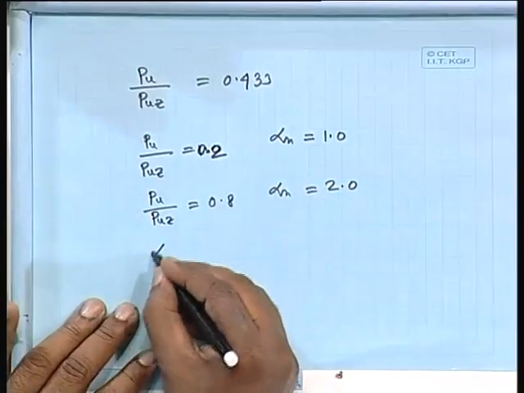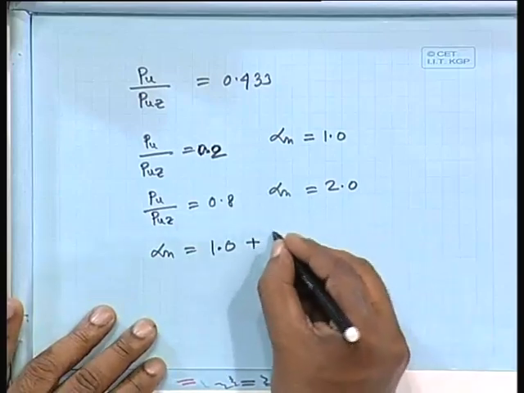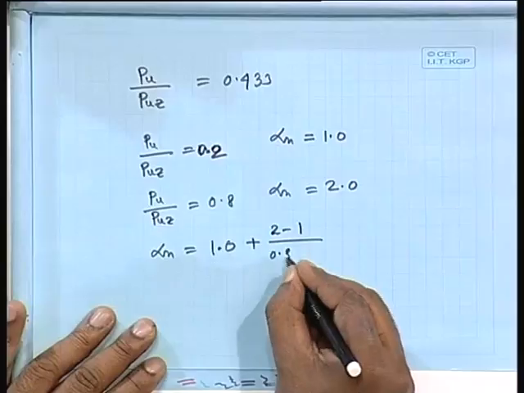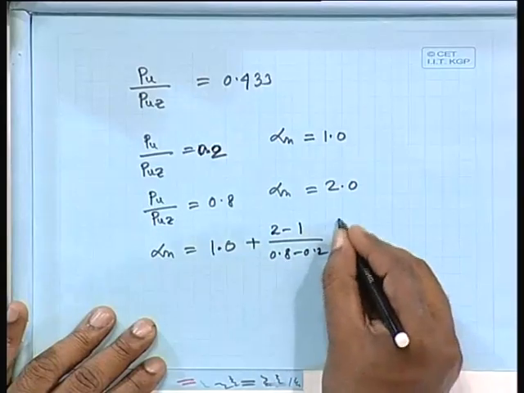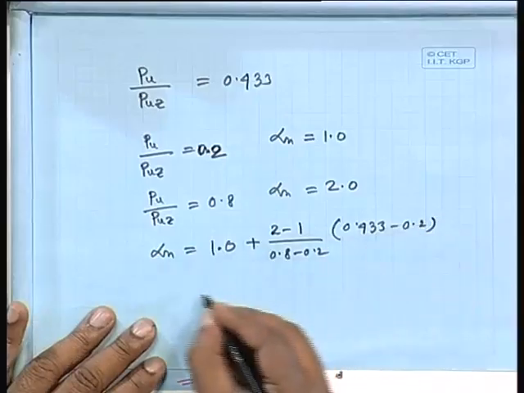So alpha n equal to 1.0 plus (2 minus 1) times (0.433 minus 0.2).